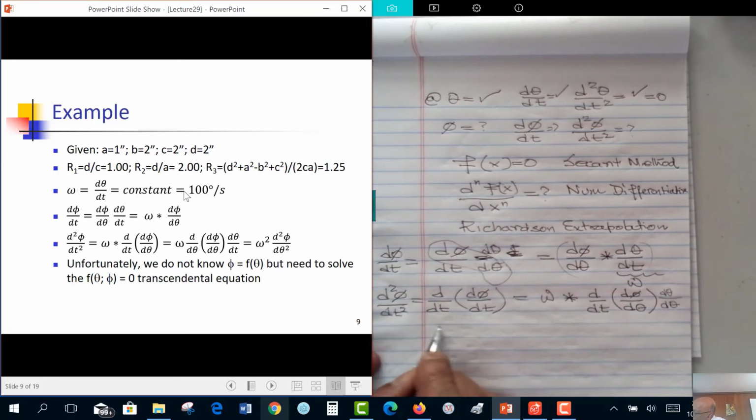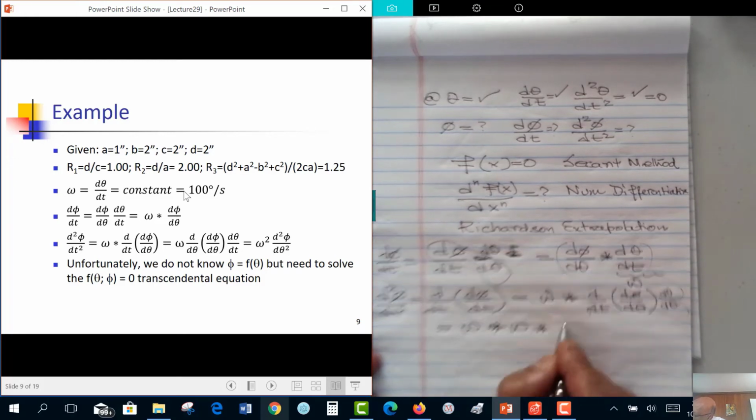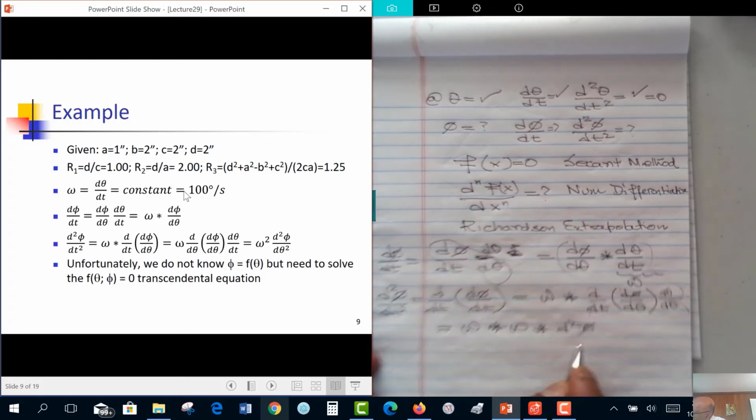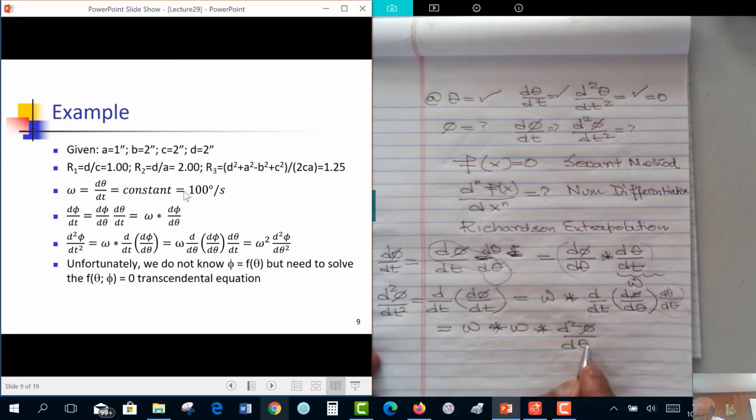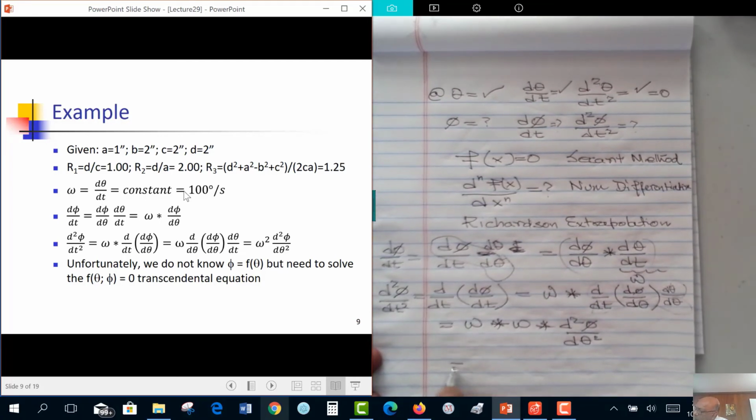So we take these together and we get omega times the second derivative of phi with respect to theta, so we get omega square d square phi d theta square.